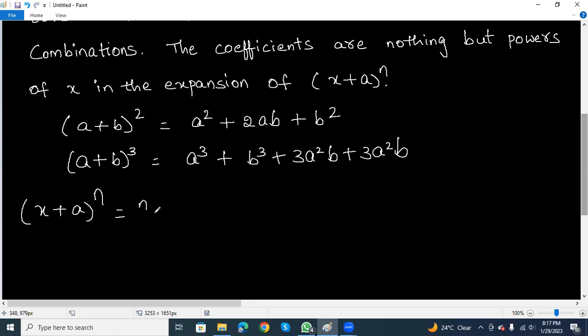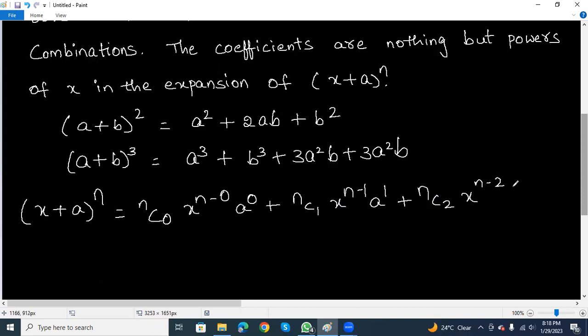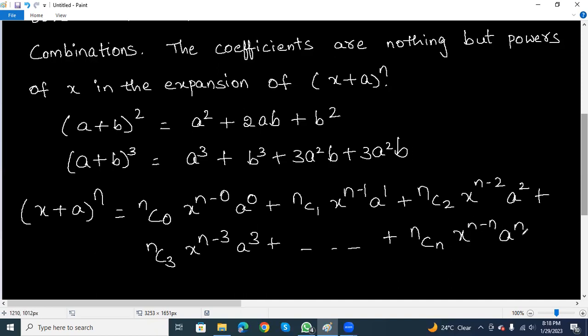The general formula is nC0 x power n minus 0 a power 0, plus nC1 x power n minus 1 a power 1, plus nC2 x power n minus 2 a square, plus nC3 x power n minus 3 a cube, and so on, up to nCn x power n minus n a power n.